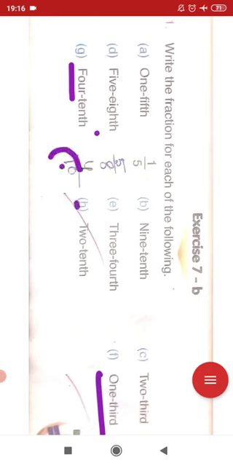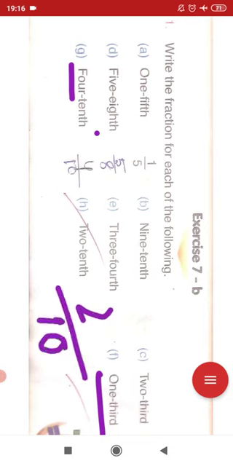So 4/10. Two-tenths: 2 is the numerator, 10 is the denominator. So I hope you have gathered enough information about how to write the name of a fraction and how to get the fractional number from the names.